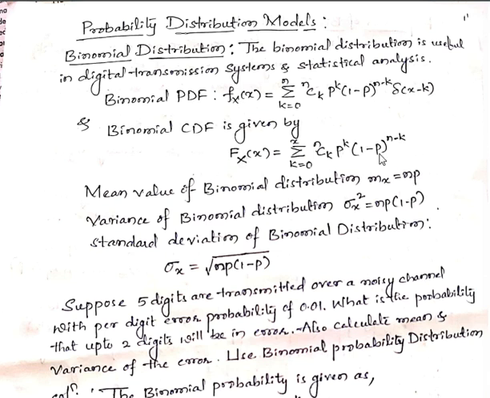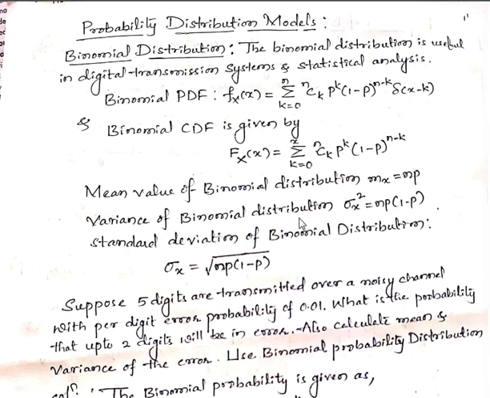The CDF is a continuous function and the PDF is a discrete function. So here the delta of x minus k will not be there. The CDF runs from 0 to x, and the PDF runs from 0 to n. The mean value of the binomial distribution is given by m_X equals n into p, where n is the number of observations and p is the probability.